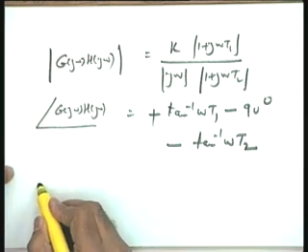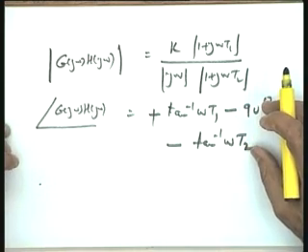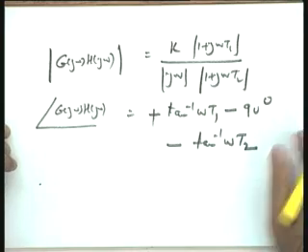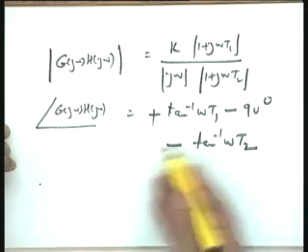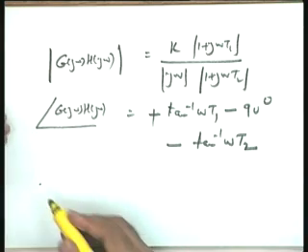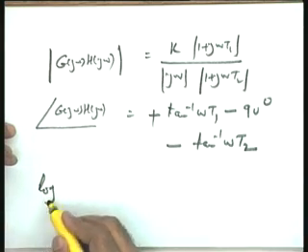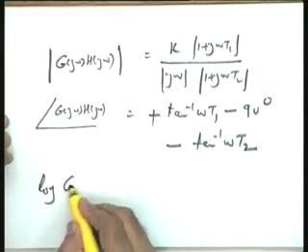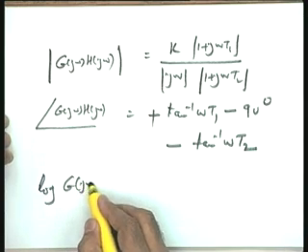So, take the log of the magnitude. Since the angle is already a linear term, you can see that the angle is already a summation of various terms. Let me take the log of the magnitude. Log 10 I can forget about, because it will be 10 all through in my discussion.